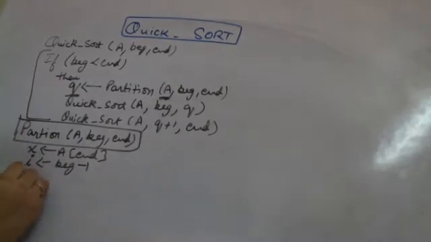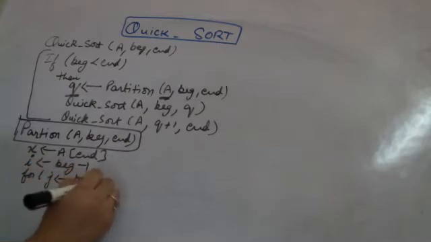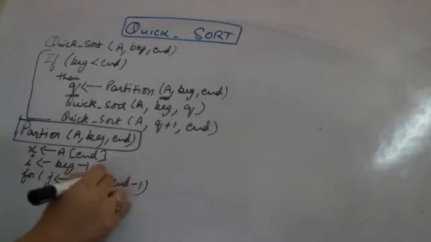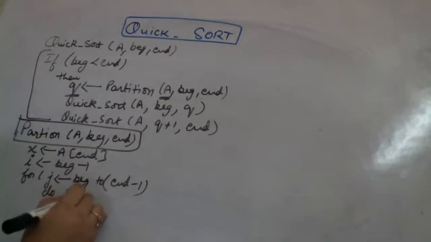Now I am running a loop for j running from beginning to end minus 1. Last element तो हमने pivot pick कर ही लिया है. So I am running the loop from beginning to end minus 1. Do if A of j is less than the last element, which is x.